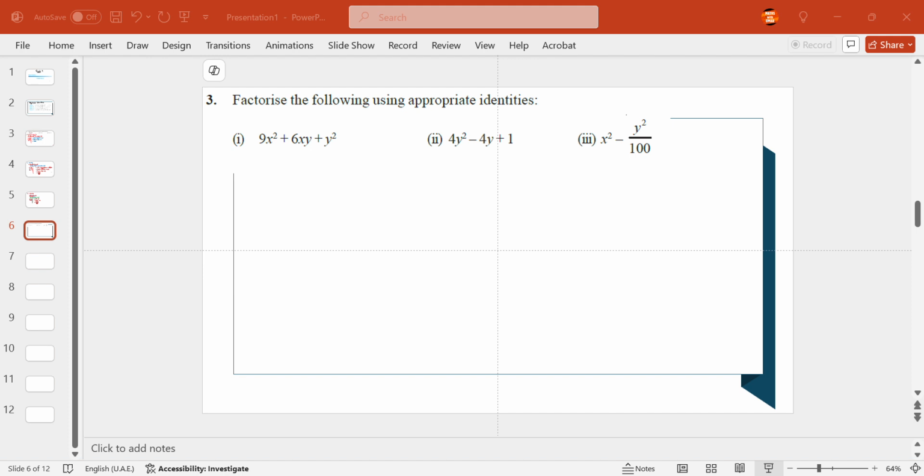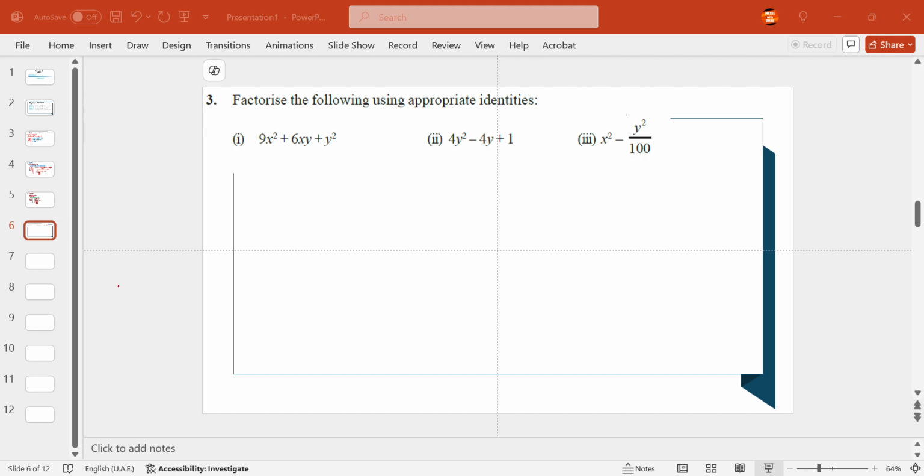So which one do we have to use? We have to use a square minus b square is equal to a plus b times a minus b. This is the third identity which we have learnt. Now before continuing, first write a square is equal to x square, so that implies a is equal to x.